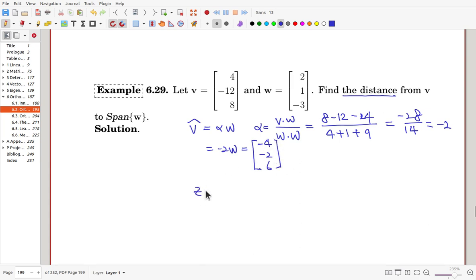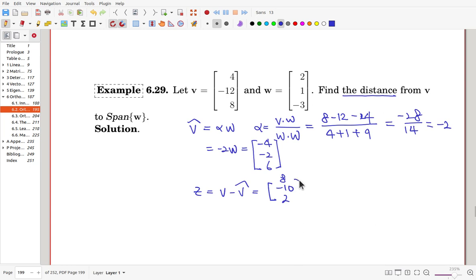Now z is v minus v hat. That one minus this one. So the first one is 8, right? And then subtraction will make minus 10. Right, and then subtraction, that will be 2.